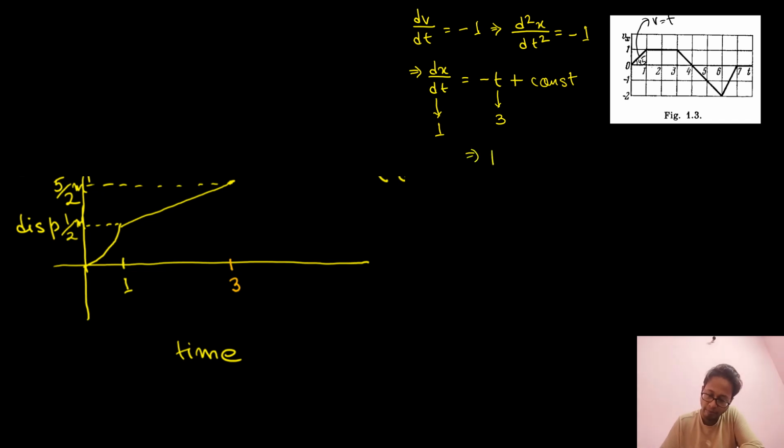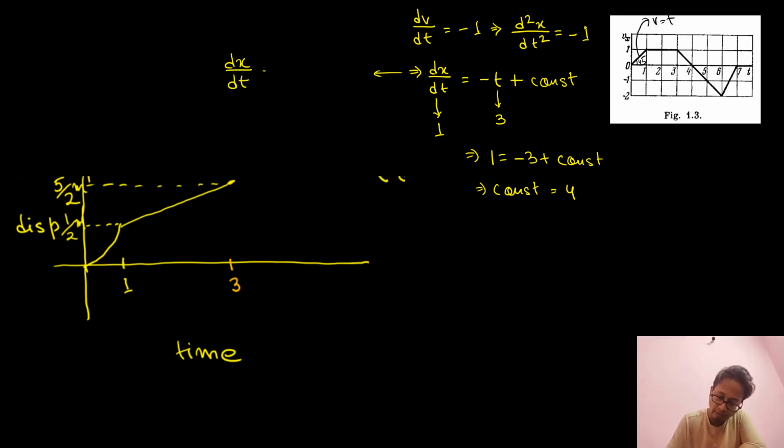So when I apply the equation, 1 is equal to -3 plus constant, so the constant is equal to 3 plus 1, which is 4. So I get this equation as dx by dt is equal to minus t plus 4.